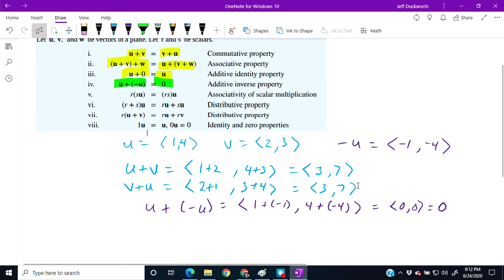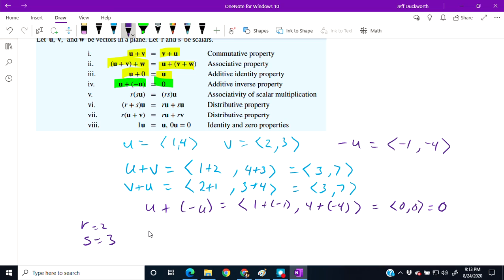Scalar multiplication is not going to change. If you recall, component-wise, let's make a scalar r equal 2 and s equal 3.